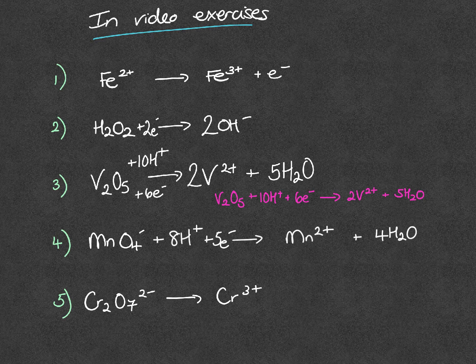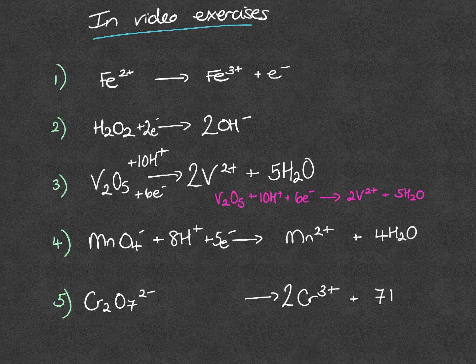Again, with this question 5, I'm just going to delete that and move it over a bit so I've got a bit more room to do the work on it, because I think it's going to need a bit more. Okay, I think this one is the most complicated yet. We have to balance the chromium to start with, so put 2 Cr3+. We need some water molecules.